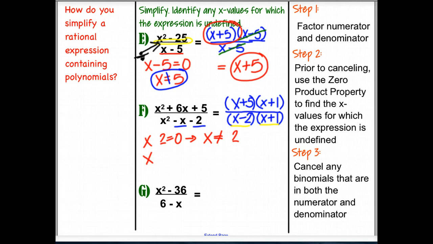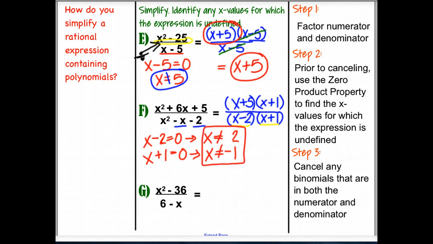And if x plus 1 equals 0, then that means that x is -1, and x cannot equal -1. So those are the values for which it is undefined.